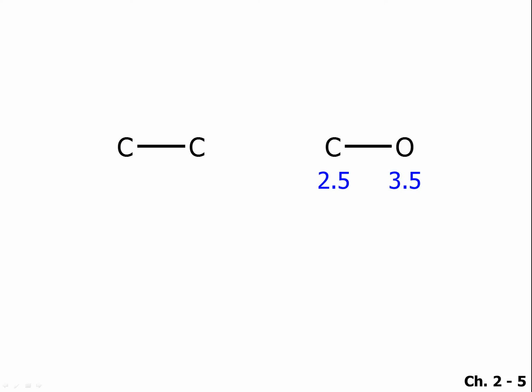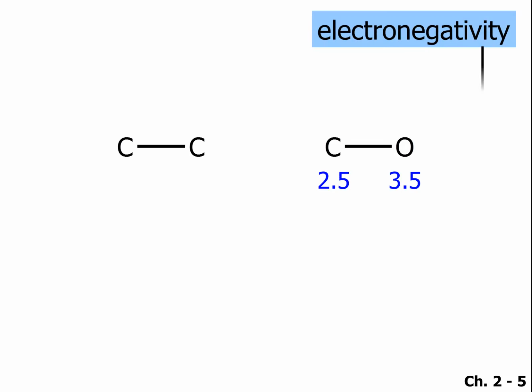Now electronegativity, that's the affinity of that atom for electrons in general. It will draw the electrons towards itself the more electronegative it is. So here we have the unequal pairing of these electrons, right? So there's a difference in the electronegativity.